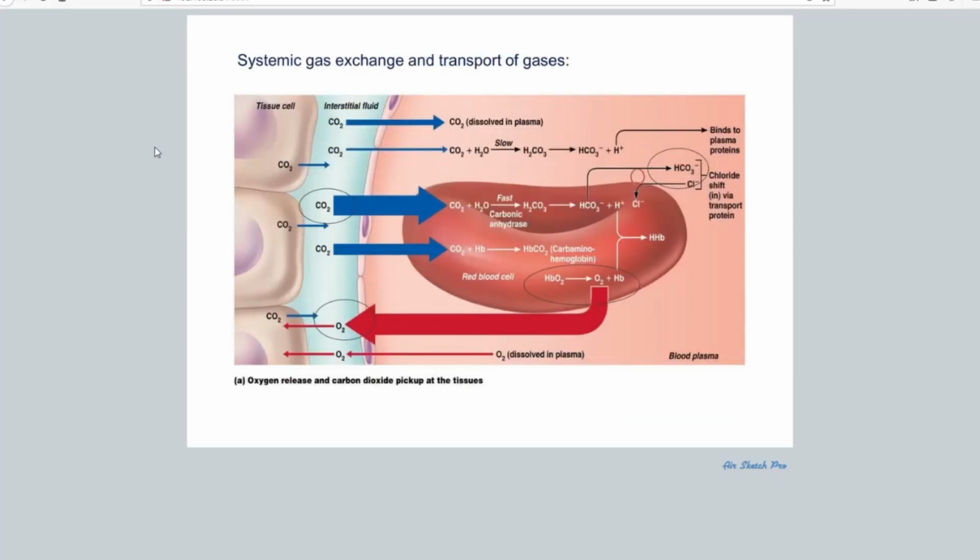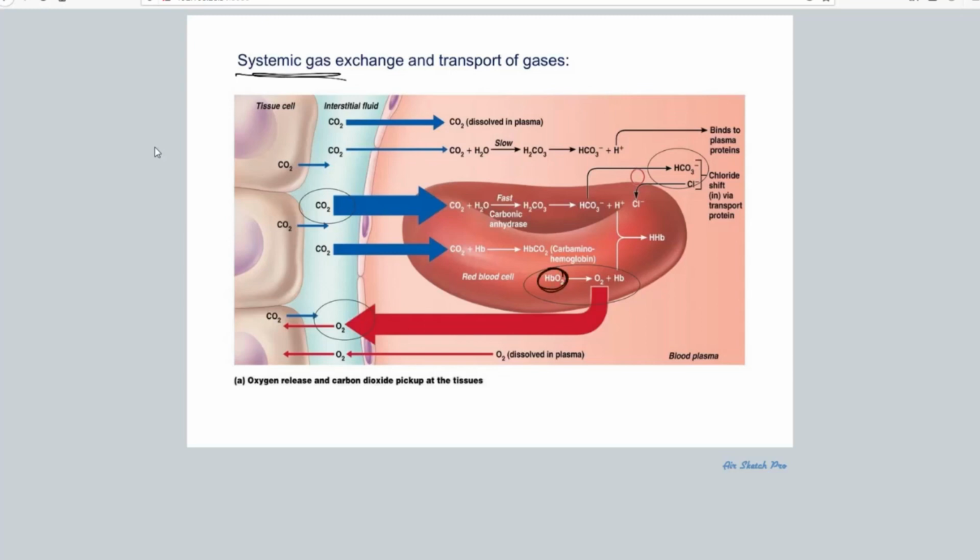And this is a diagram of the systemic gas exchange right here. Let's just pick back up with oxygen, because oxygen we picked up at the lungs and it combined with hemoglobin, but now we're at the systemic tissues and we want to drop that oxygen off.